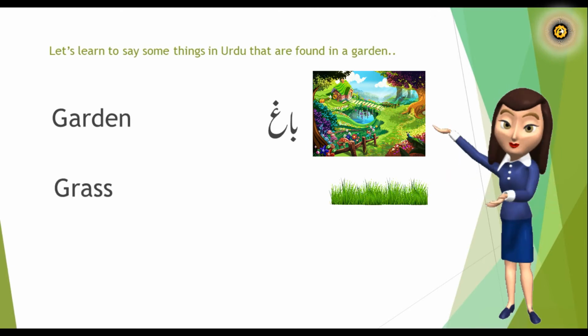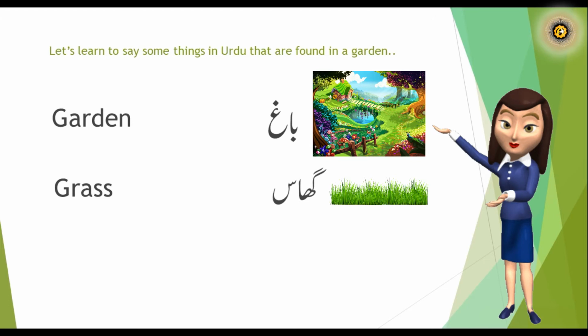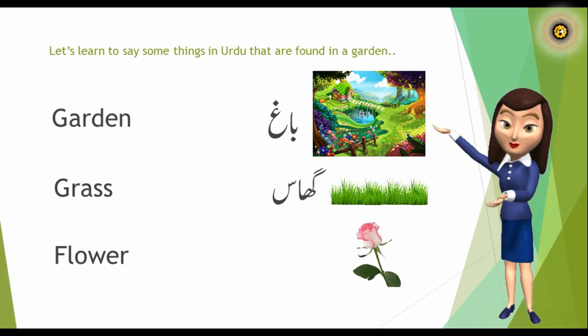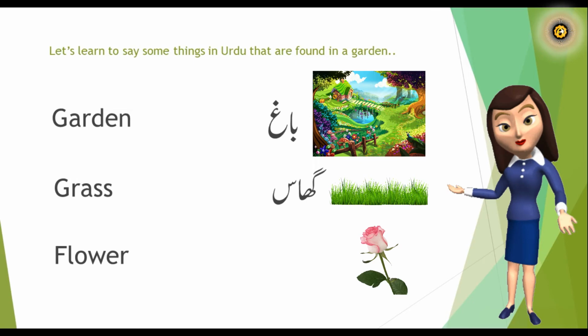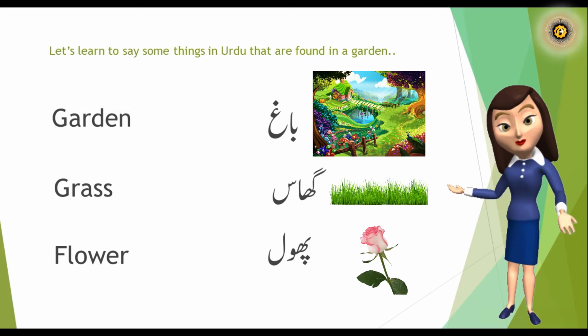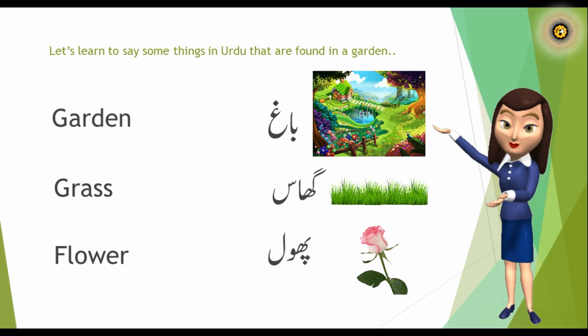Then there is grass in the garden. In English we say grass, and in Urdu it is ghas. Then in English we say flower. There are very beautiful flowers found in the garden, right? In Urdu it is phool.